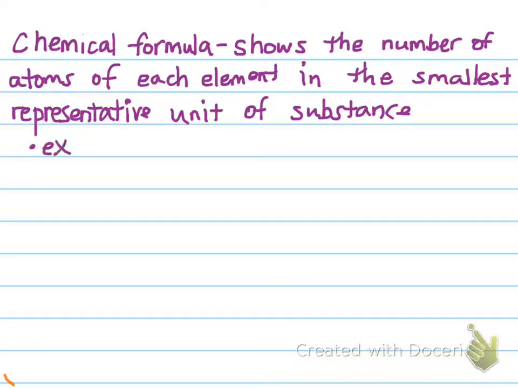So examples of chemical formulas are NaCl for sodium chloride, AlBr3 for aluminum bromide.